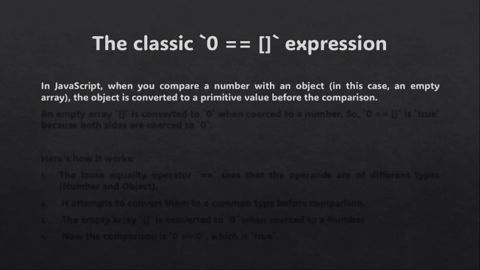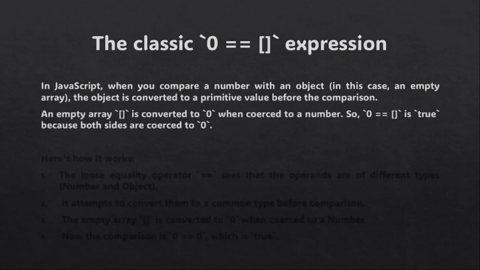Now when you compare a number with an object, or an empty array in this instance, the object is converted to a primitive value before the comparison, so before the final answer is returned.